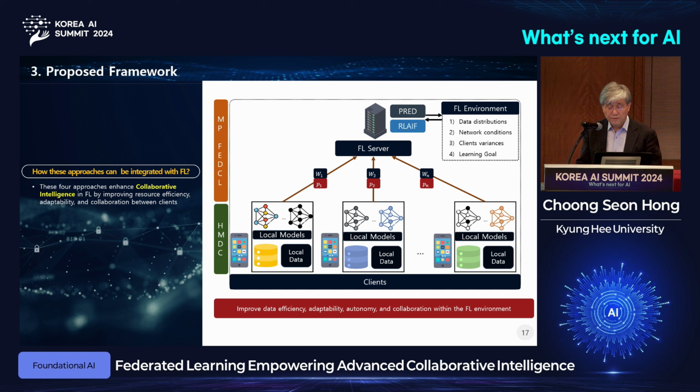Then FRED and AIF are integrated at the federated learning server level to enhance decision making and model alignment through a real-time feedback mechanism. Together, these approaches boost data efficiency, adaptability, autonomy, and collaboration within the federated learning environment.